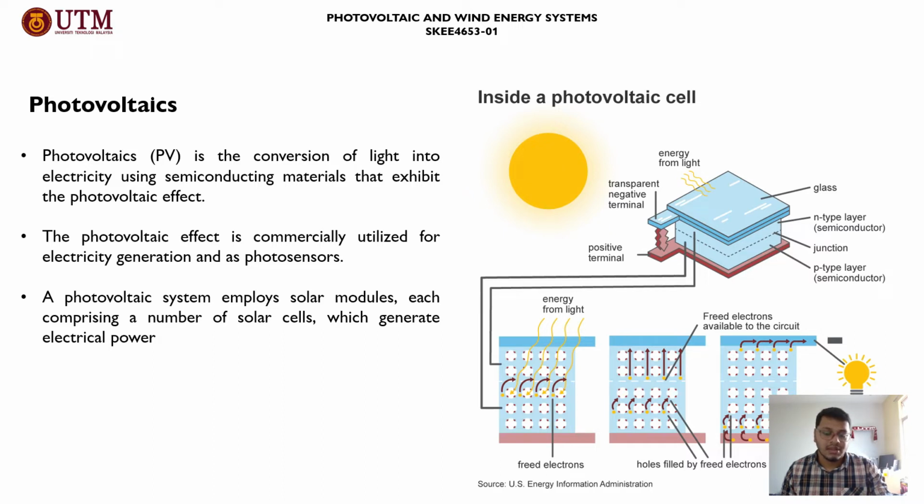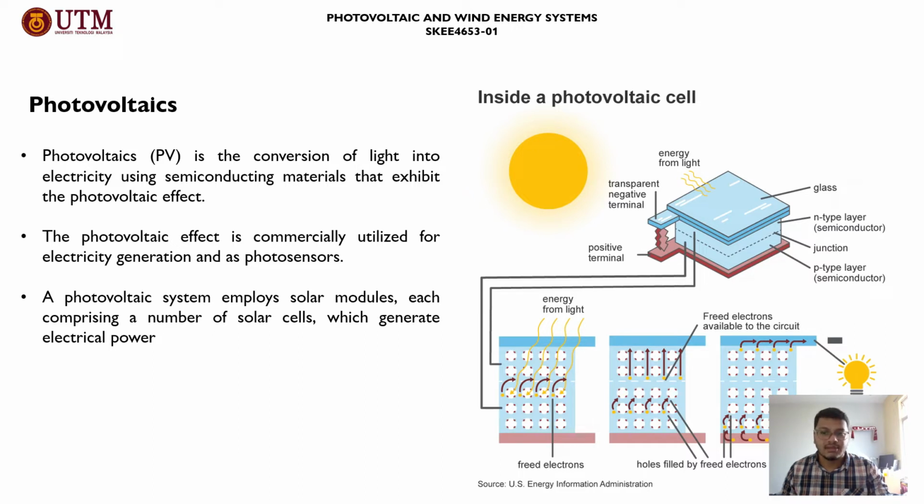The diagram in the slide shows the operation of a basic photovoltaic cell, which is also known as a solar cell. Solar cells are made of semiconductor materials such as silicon. For a solar cell, a thin semiconductor wafer is specially treated to form an electric field, positive on one side and negative on the other side.